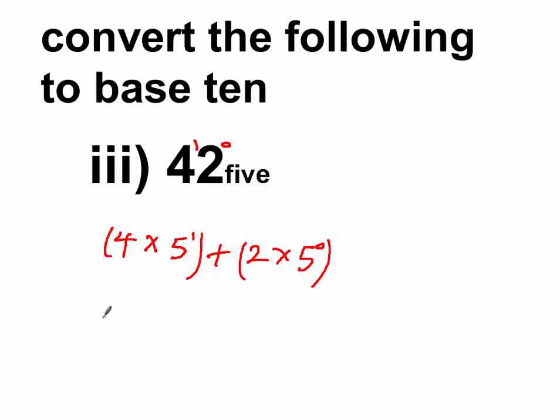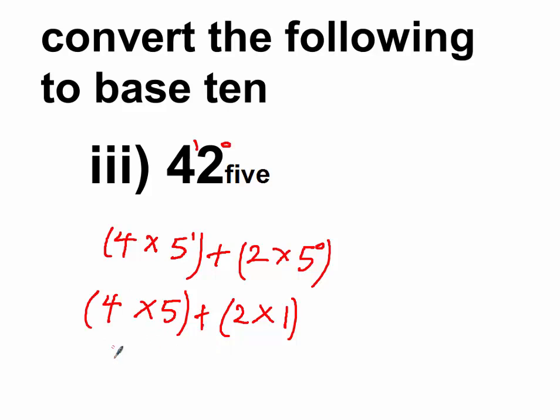Good. Then to expand it, it's going to be 4 times 5 to the power 1, which is 5, remember? Plus 2 times 5 to the power 0, giving us 1, because any number to the power 0 is 1.